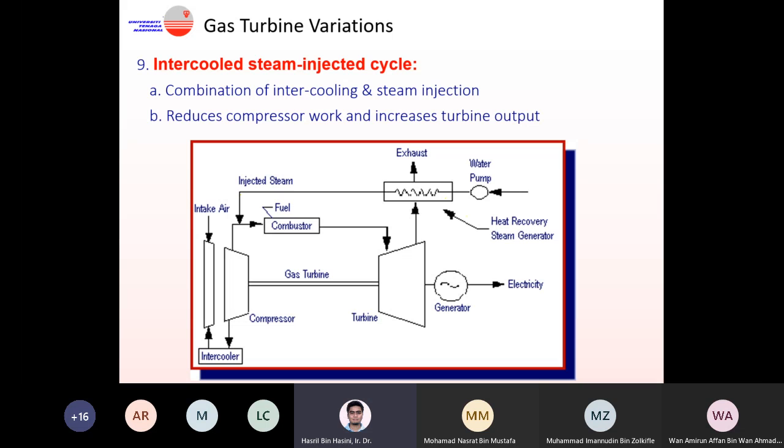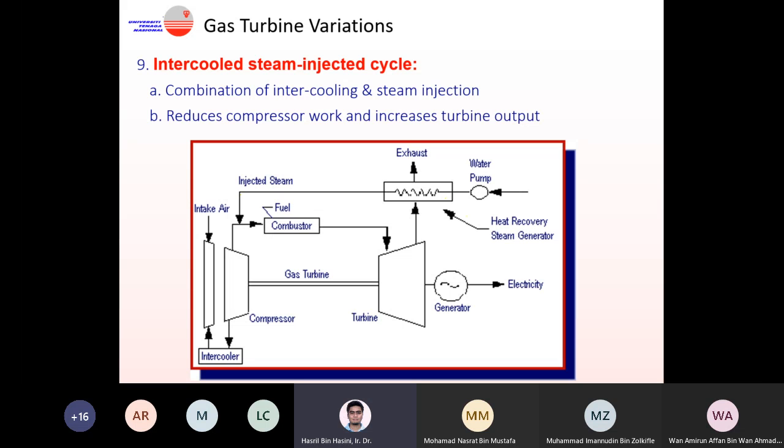At the same time, you have the steam injected cycle, just to promote more air. So intercooling here reduces the compressor work. Steam injection is actually increasing the turbine output, because you promote more air, better combustion, more turbine output.